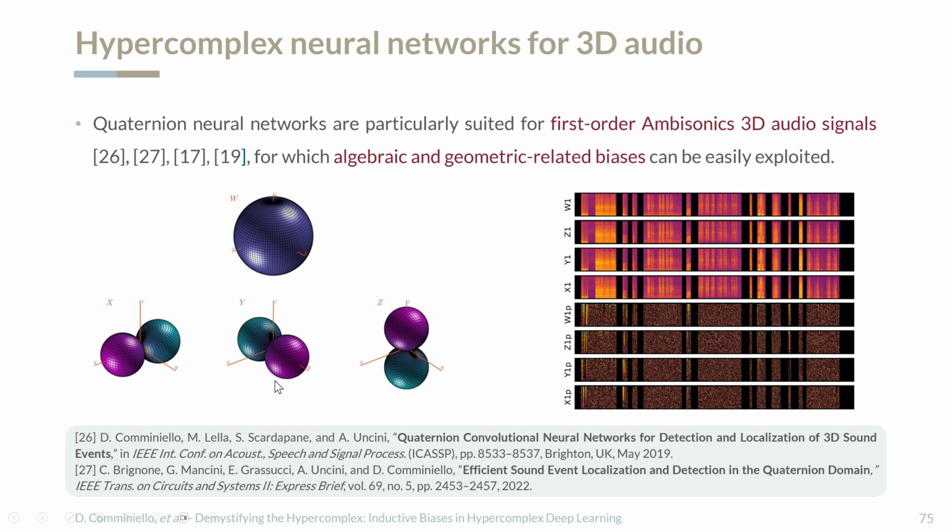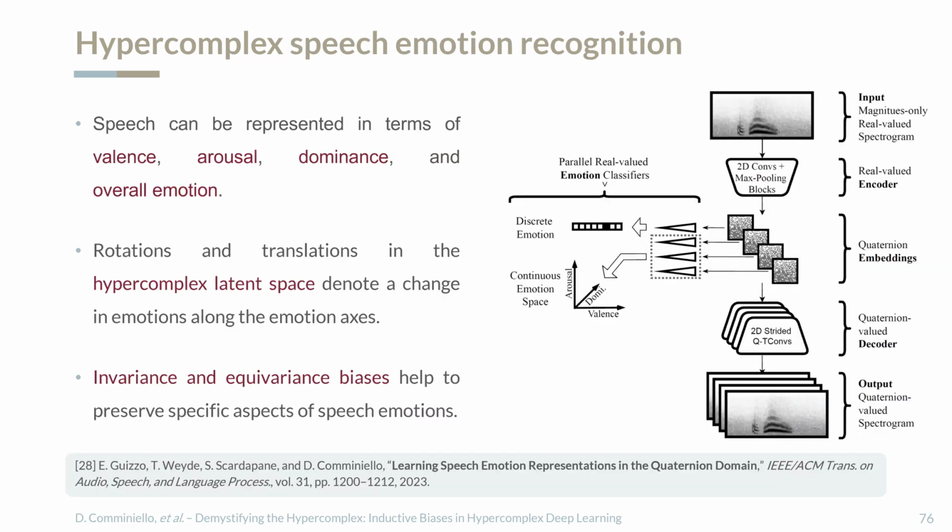So we can cast these microphone signals into a quaternion, considering the real part and the imaginary units, and we can build models that are able to reproduce the spatial immersivity of the 3D audio.